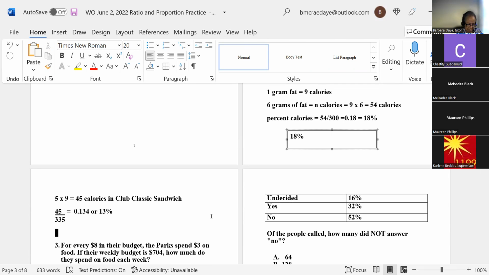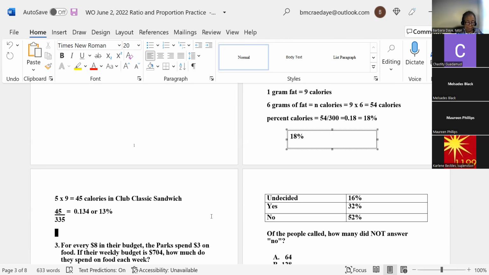It's D, because I didn't fully understand. Let me just check. You did have one correct for the ratio, and you had all correct for the rest. Yes, you had 18%. Yes, you definitely had that correct.